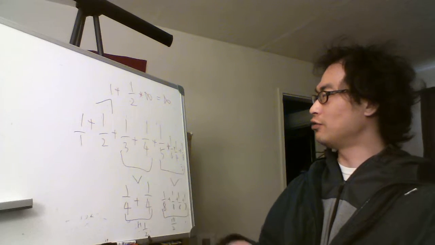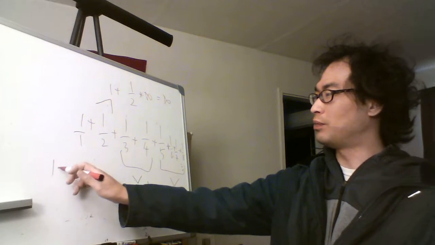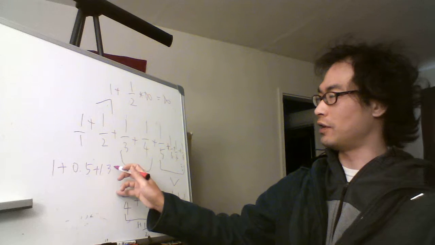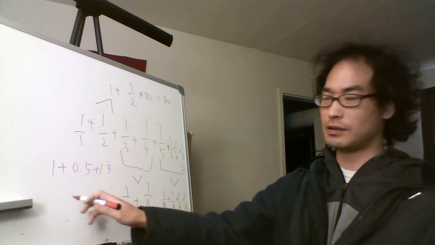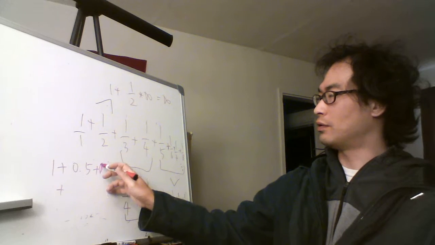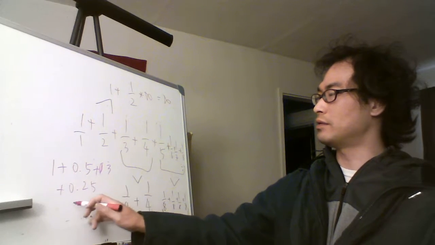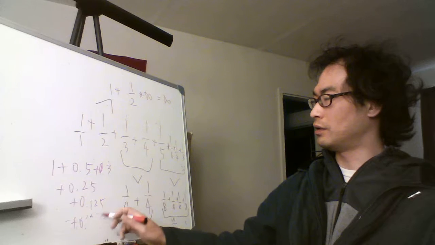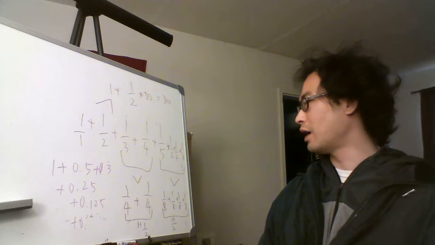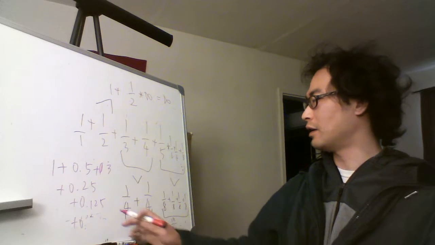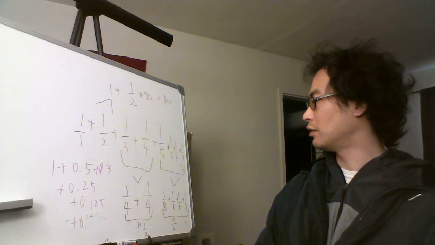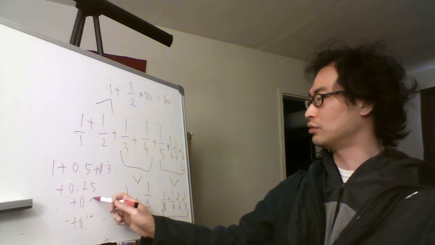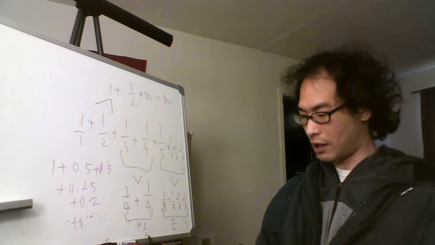Because here you have 1 plus 0.5 plus 0.333 plus 0.25 plus 0.2, and so on.